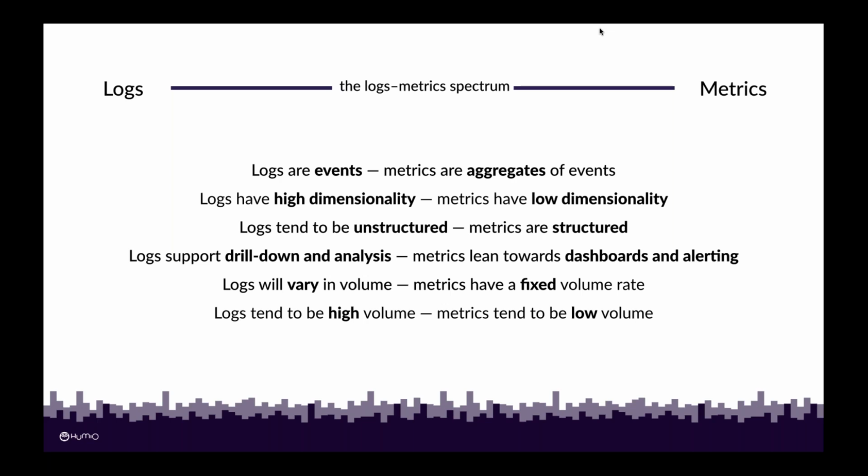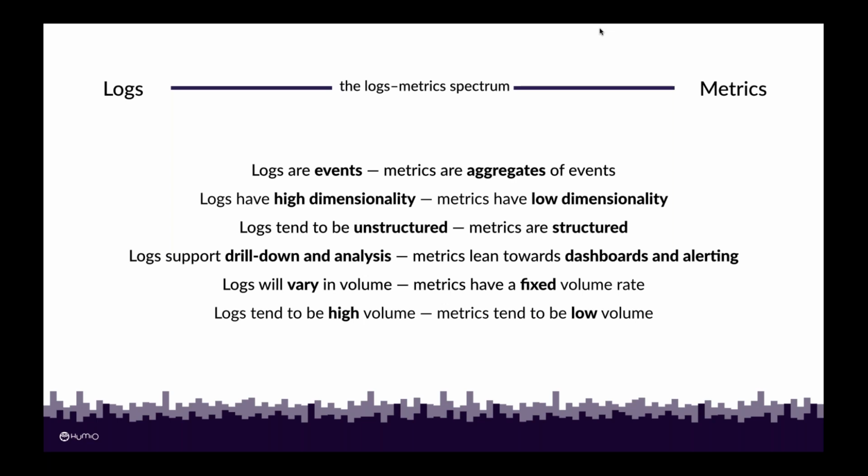Logs tend towards being unstructured, even though we are seeing more structured logging currently, while metrics are inherently structured, mainly consisting of numbers. Logs support drill down and analysis to a very fine-grained detail level. Metrics lean towards dashboarding, alerting and monitoring.